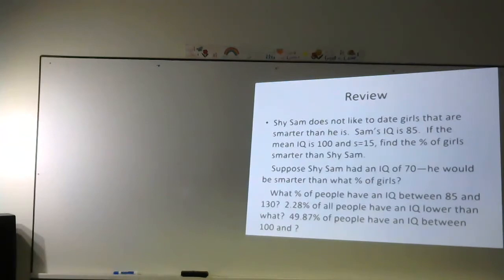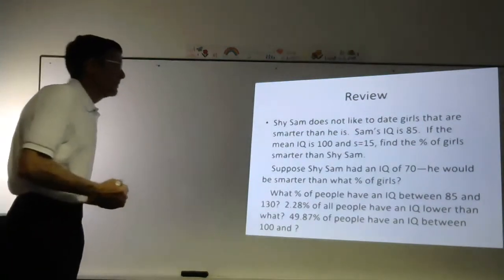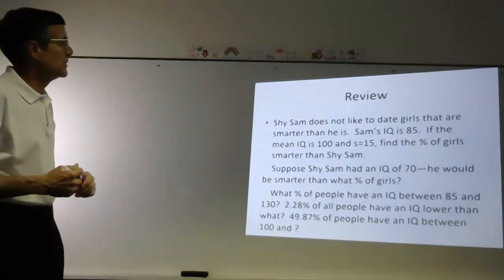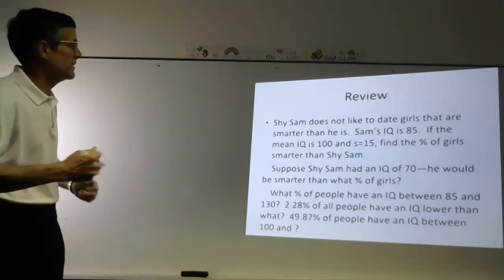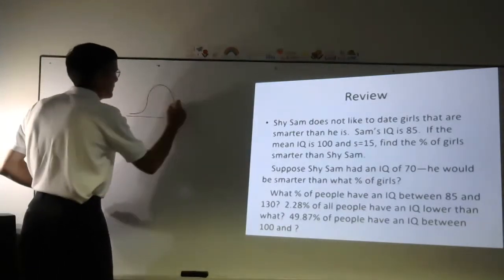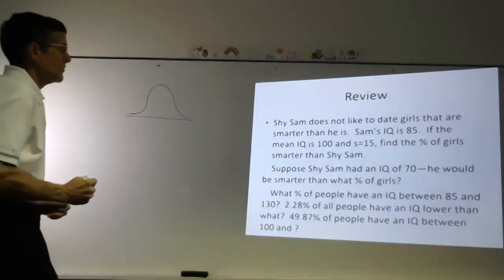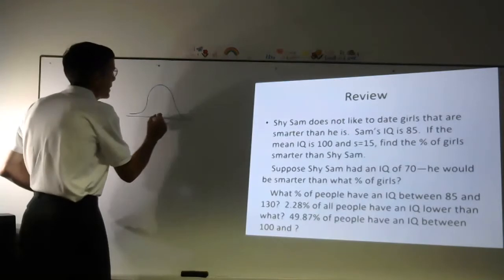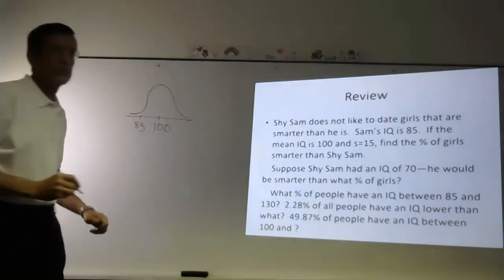All right, let's talk about, we were doing bell-shaped curves with standard deviation. Shy Sam does not like to date girls that are smarter than what he is. So what we want to do here is we have a bell-shaped curve, okay? Sam's IQ is 85, mean IQ is 100, so down here is 85, okay?